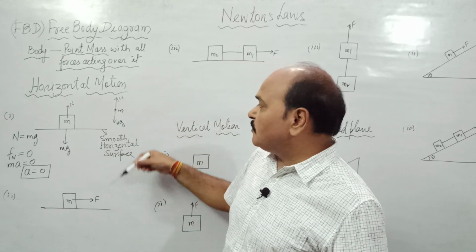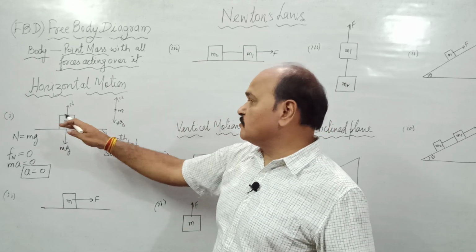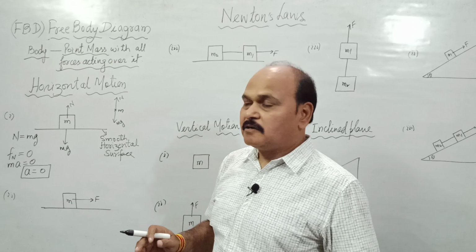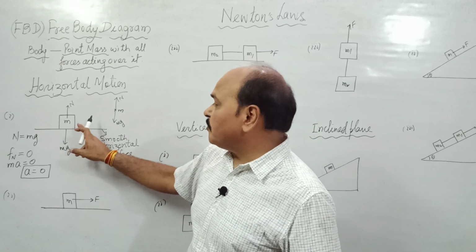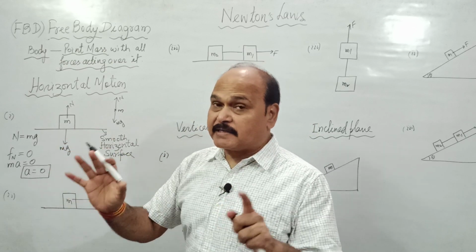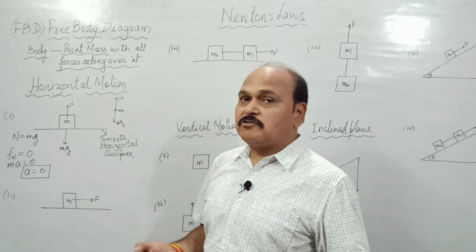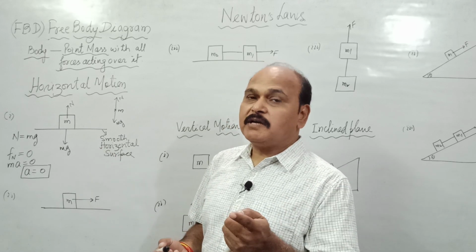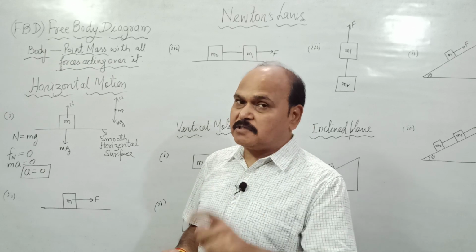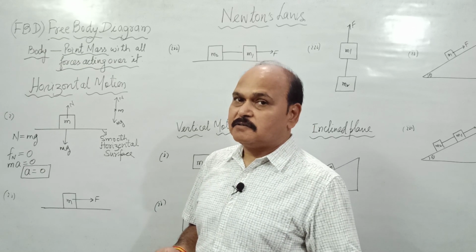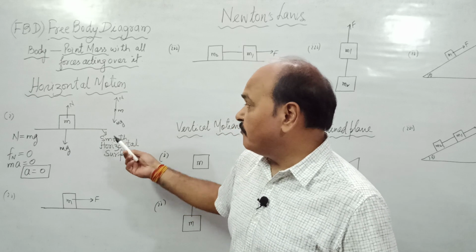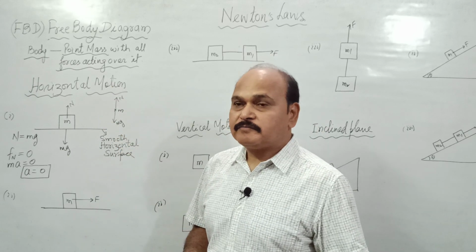Therefore, there is no net force along vertical, and there is no force along horizontal. So the net force over the body is 0, and as a result its net acceleration is 0. Acceleration 0 means the body is not going to move, or it is moving with constant velocity. So this is horizontal motion. Weight doesn't play any role.